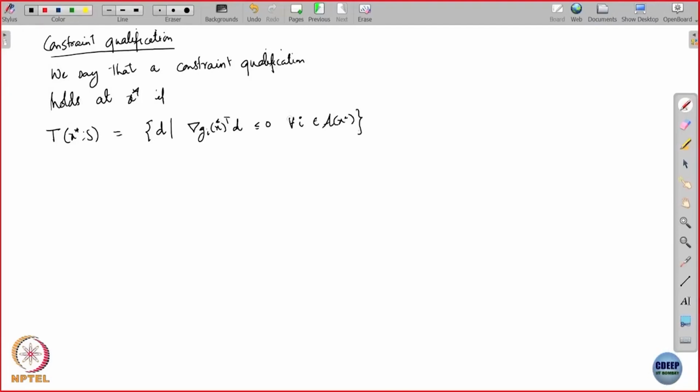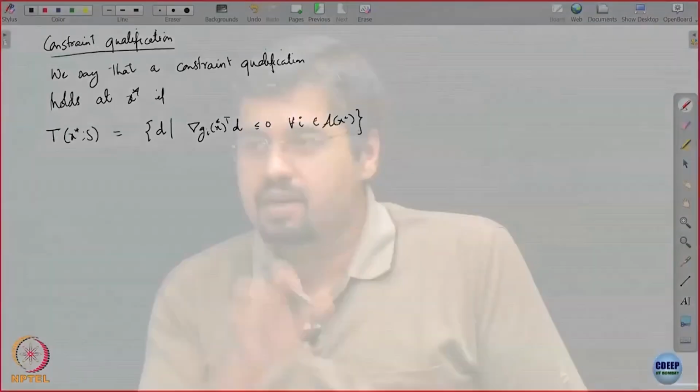So a constraint qualification holds if somehow you get that the tangent cone is equal to the intersection of the individual tangent cones, and the individual tangent cones in addition are given by the formula that you expect them to be given by. Then we say that a constraint qualification holds.